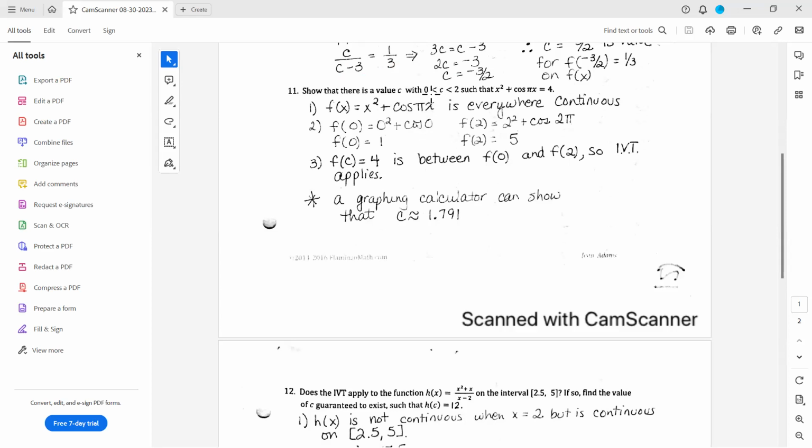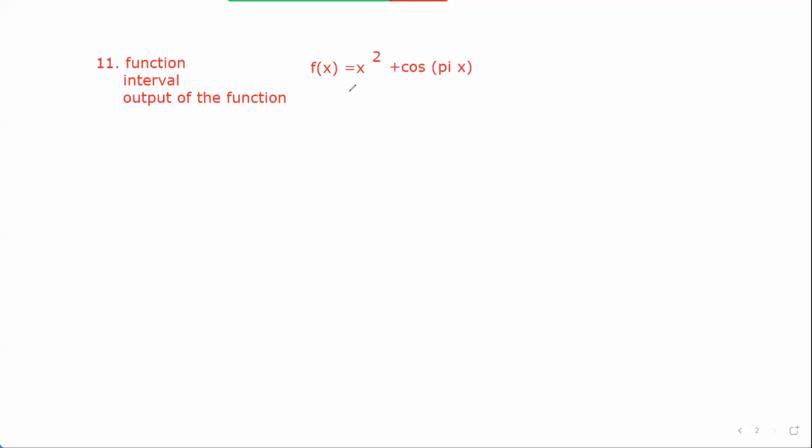So my interval, and I'll write it the way they do, is 0 less than C less than 2, right? 0 to 2.